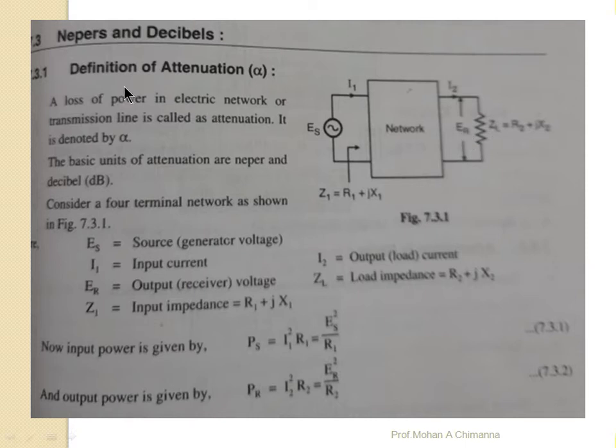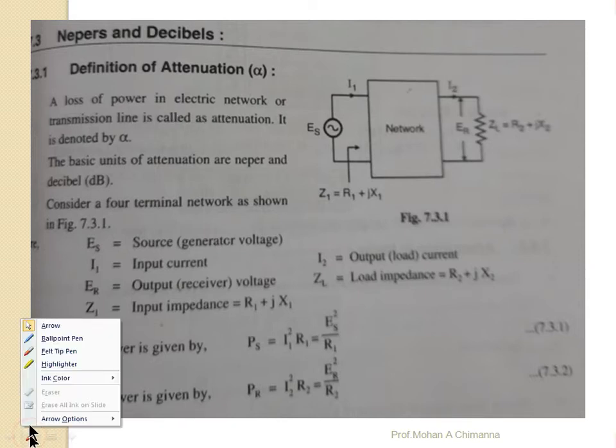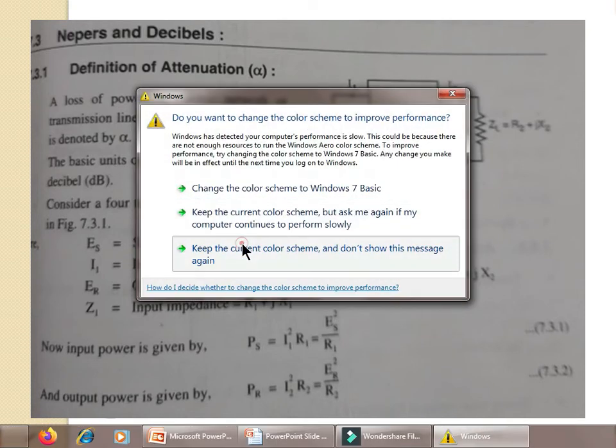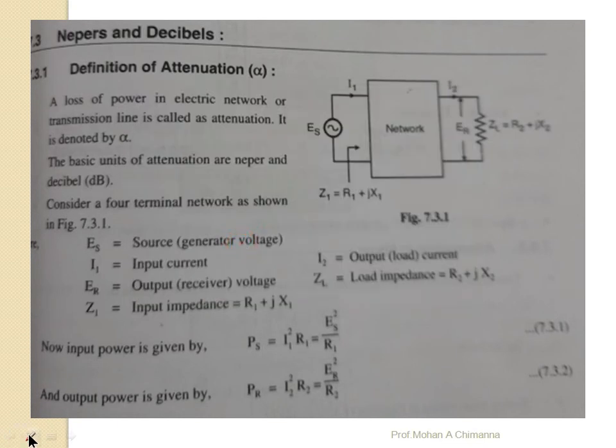So how do we define attenuation? A loss of power in an electric circuit or transmission line is called attenuation.